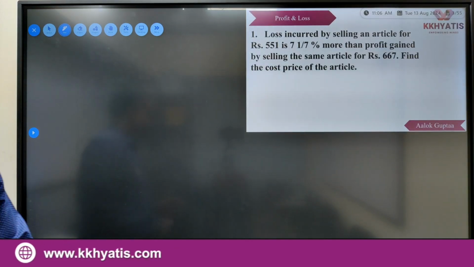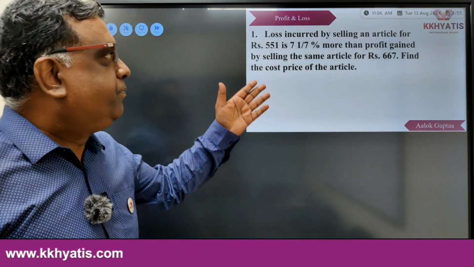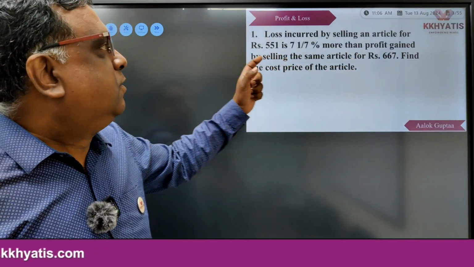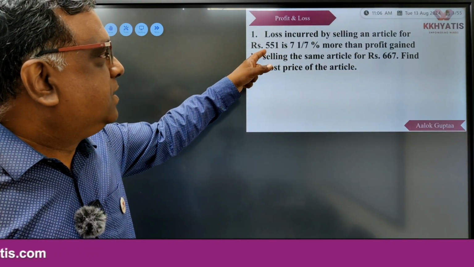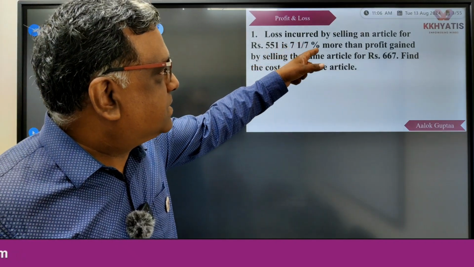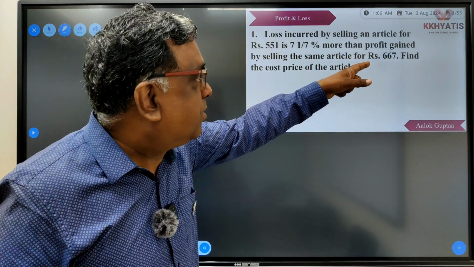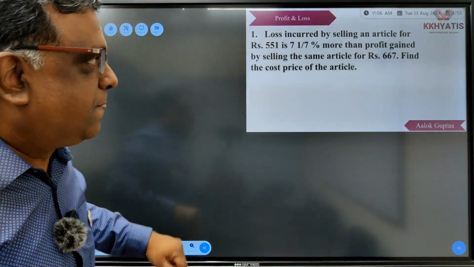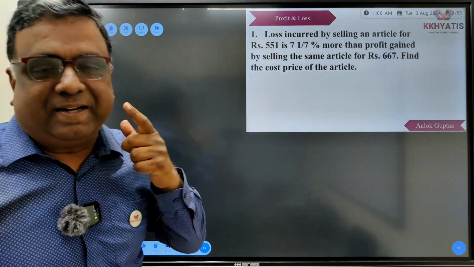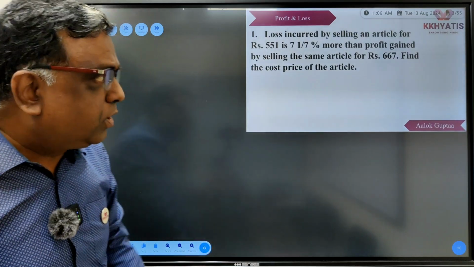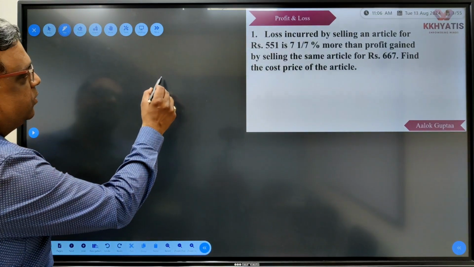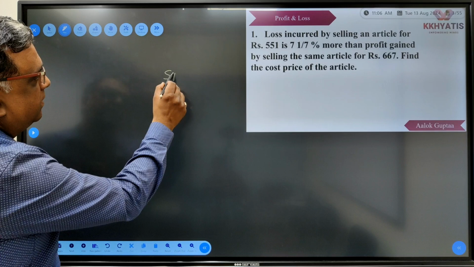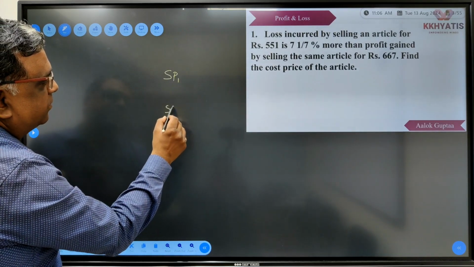So what does the first question say? Loss incurred by selling an article for rupees 551 is 7.17% more than the profit gained by selling the same article for rupees 667. Find the cost price of the article. So what they are saying is, I've been given two selling prices here, SP1 and SP2.